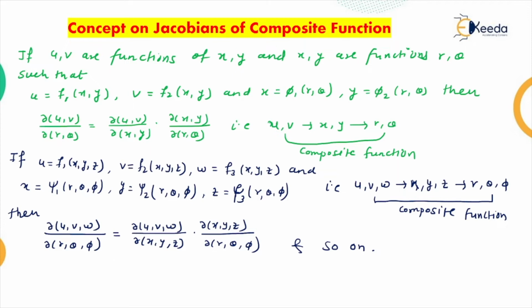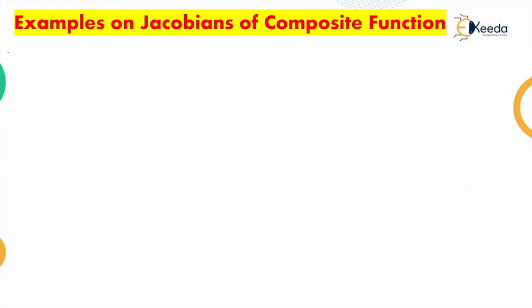Now let me start an example based on the Jacobian of a composite function. Let's see the first example.